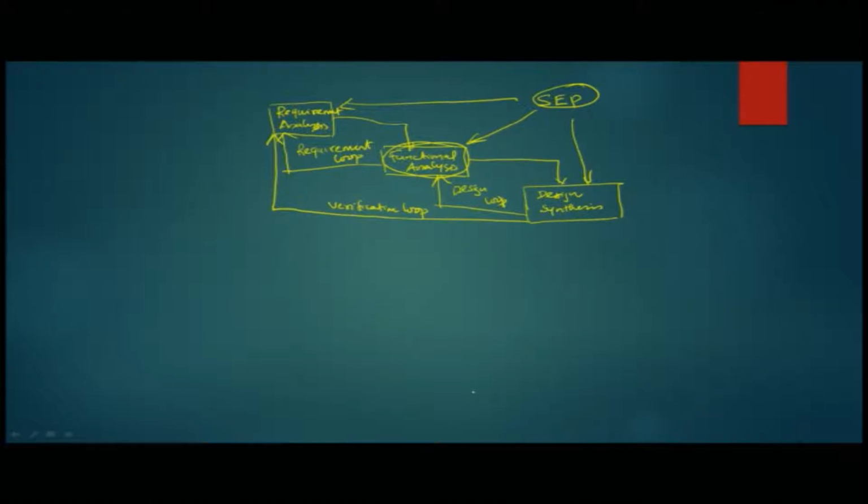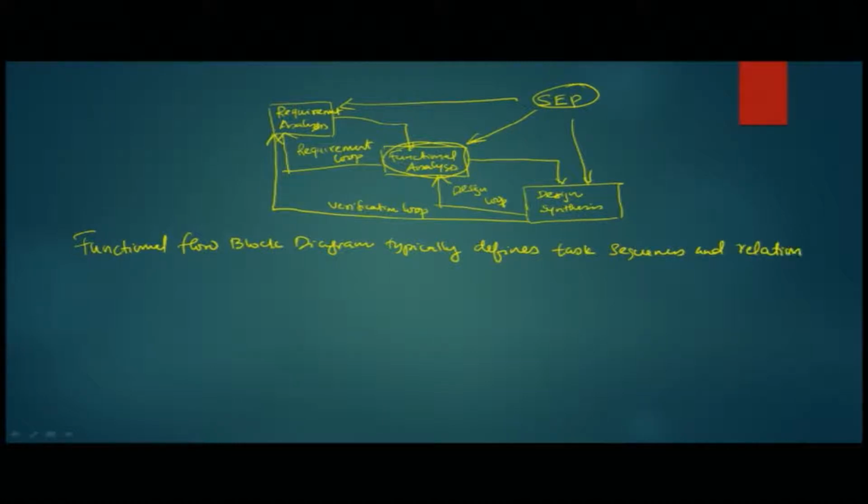So what is a functional flow block diagram? In simple terms, a functional flow block diagram typically defines task sequences and relationships. The task sequence is the most important thing, and the relationship.